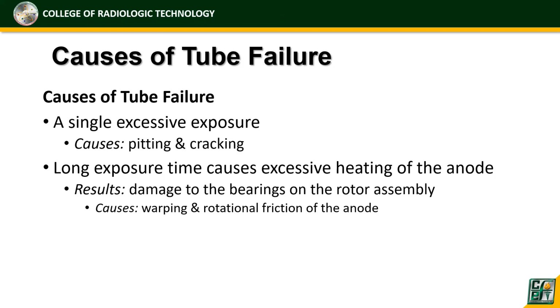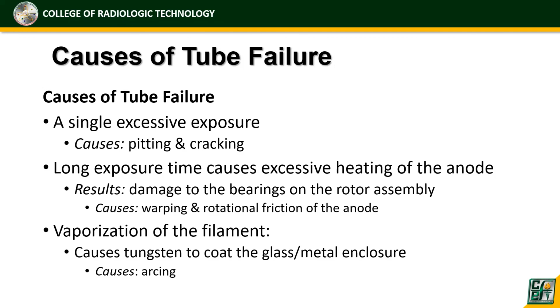Then vaporization of the filament. So ito yung pinakadelikado. Pag nag-vaporize yung filament, there is no choice but to replace the whole X-ray tube. It causes the tungsten to coat the glass or metal enclosure. So pag nag-vaporize siya, matutunaw yung filament.